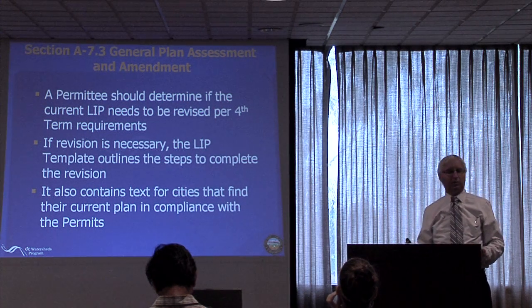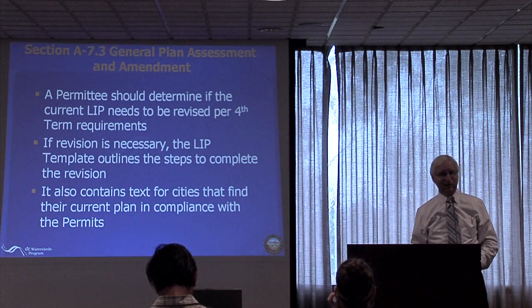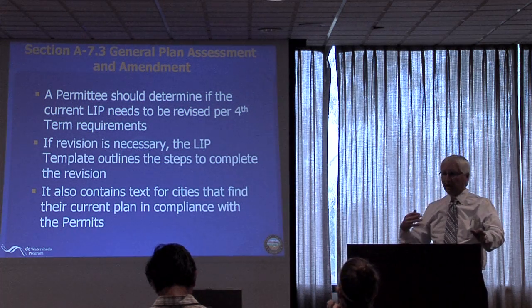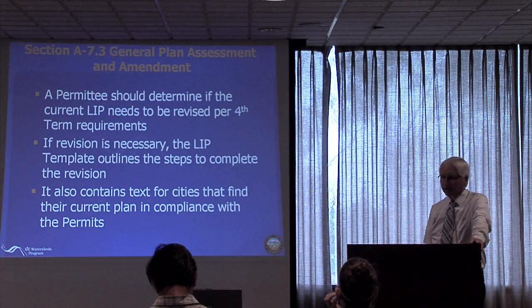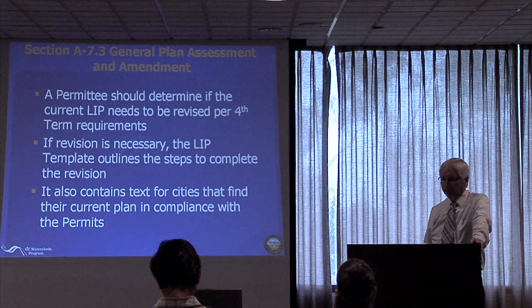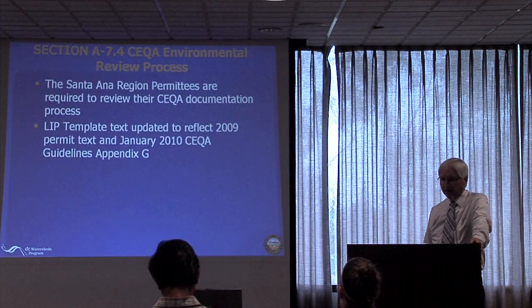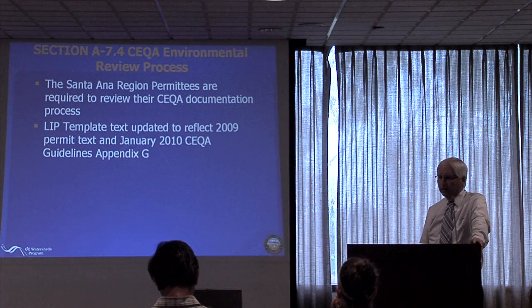And recognize the general plans don't change overnight. Those are major long-term changes, but those elements of the general plan should be consistent with the current permits, and there is text in there that you need. But you need to make sure that you can, in fact, say that you've done that.